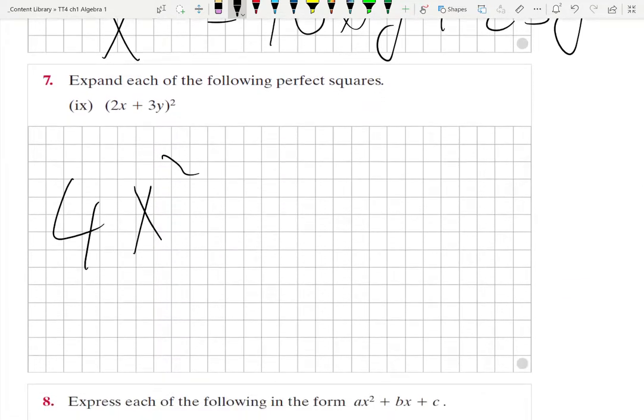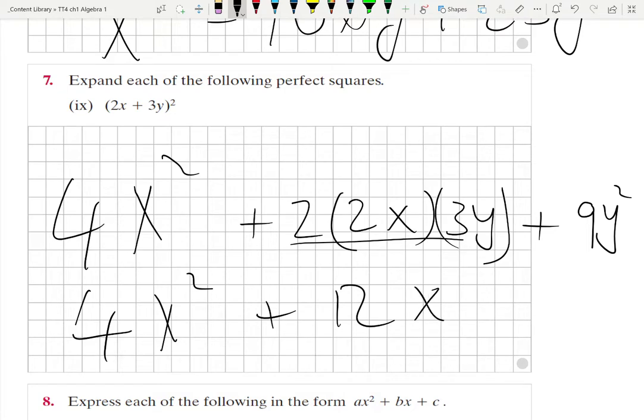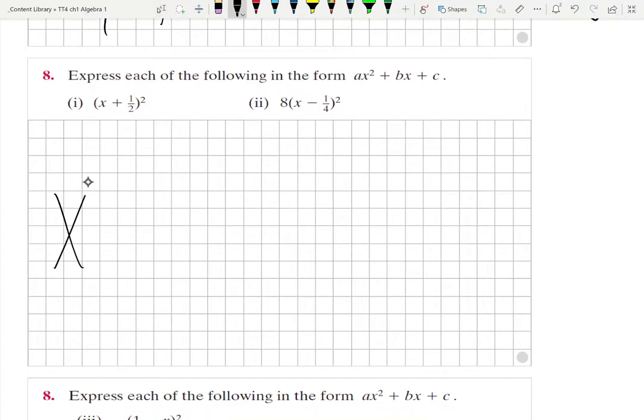So here you're taking double the cross product, okay, which is 12. It's getting a bit messy here, but double a half is 1.